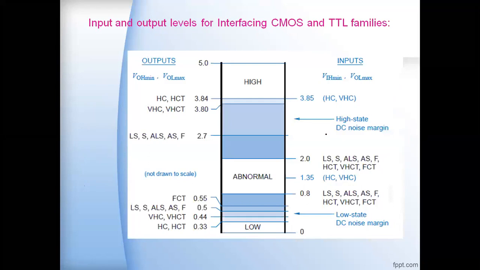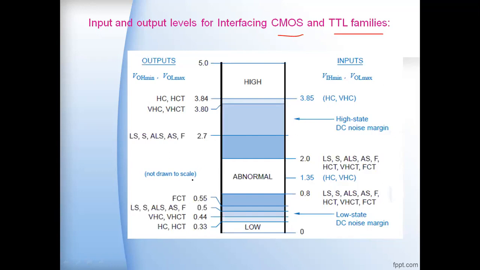And here also you can have another picture where you can see all the input and output levels for interfacing the CMOS and TTL families. This diagram alone can show you the logical voltages of the logic families.